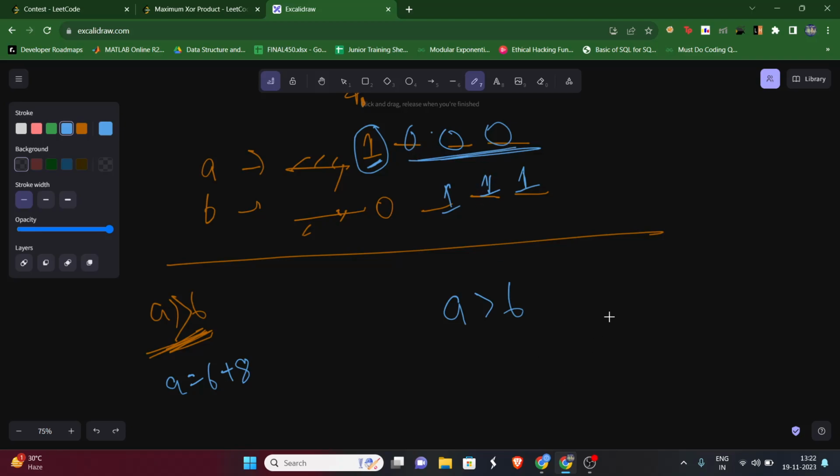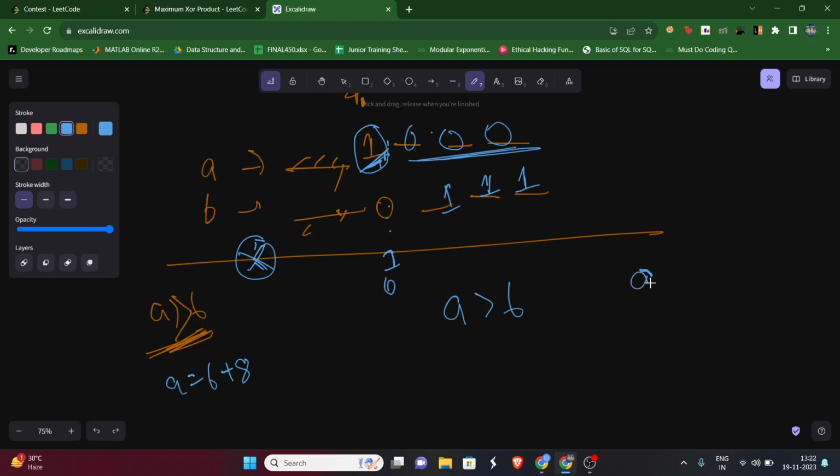So we know that if we want two numbers to give maximum product such that their sum is fixed, why are we saying that? Because if we put x, the x we need to select, and we put 1 over here, then this bit will flip. If we put 0, it will stay as it is.